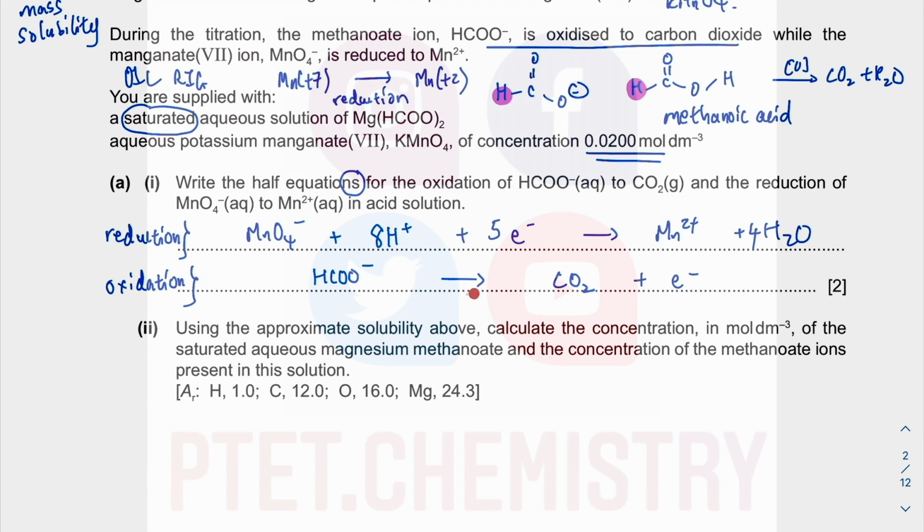So this is the oxidizing agent, and it can oxidize the metanoate to CO2. Oxidation is loss of electrons, something you have learned from many years ago. In doing so, we can get the negative charge, yes, but we should balance the atoms first. Carbon gives you carbon, oxygen gives you oxygen. Hydrogen, that is a big problem, all right? Do we give off H plus or do we give off H2O? Okay, let's try with H plus first.